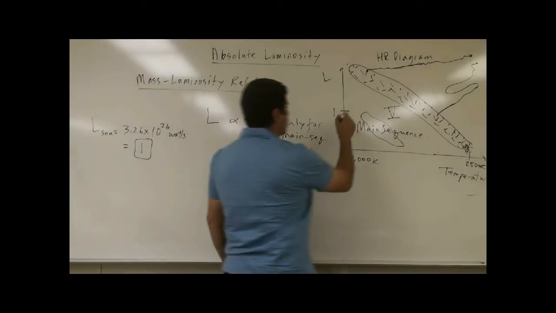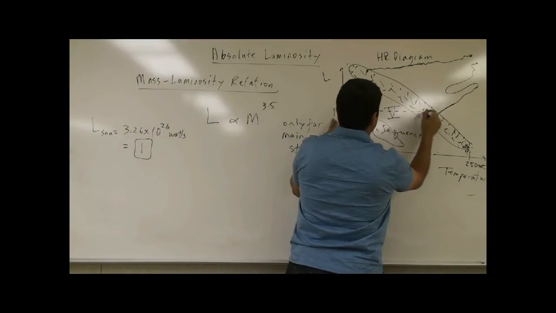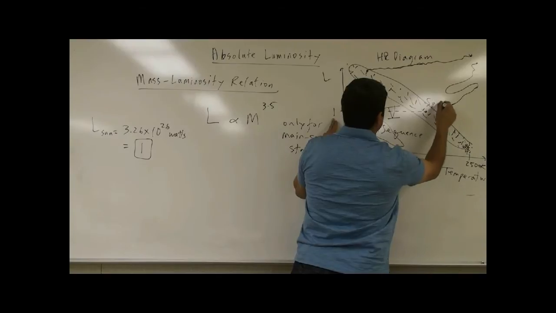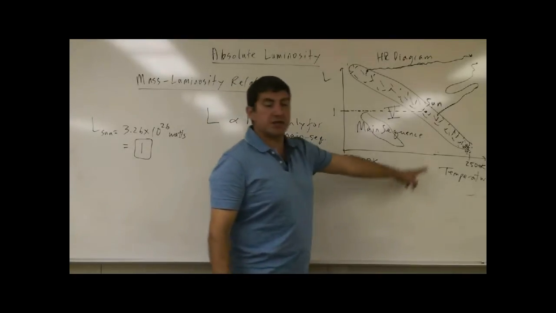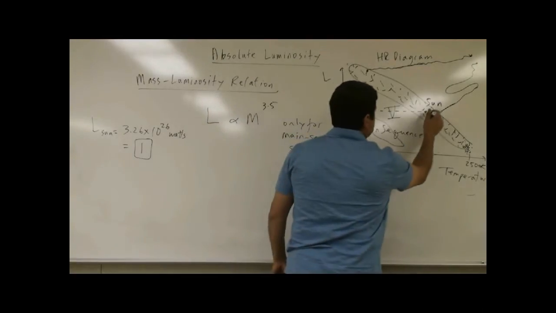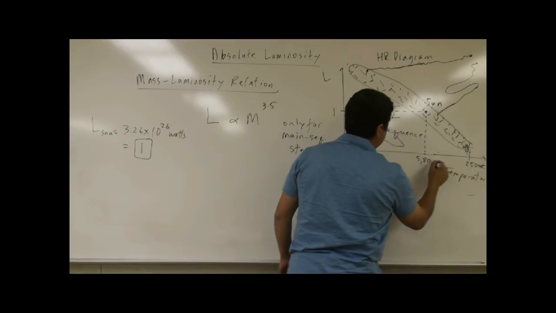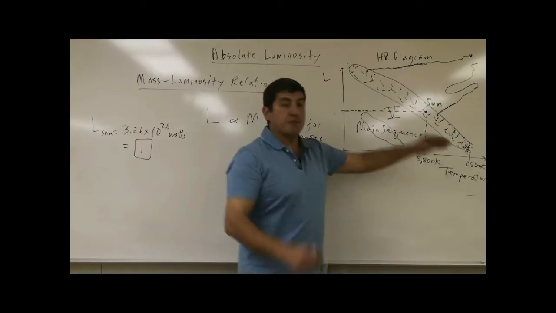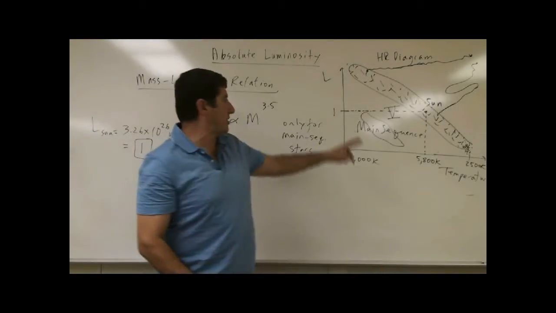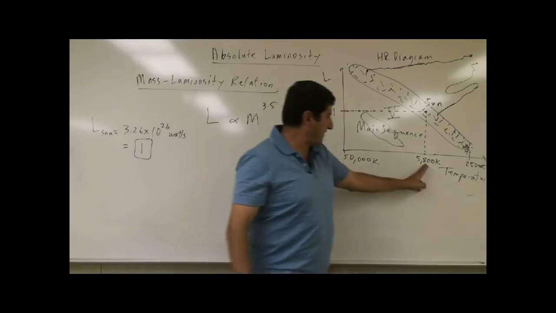And therefore, on the HR diagram, wherever the 1 goes over there, we put the sun. And then, what is the surface temperature of the sun? We go down, the surface temperature of the sun is 5,800 Kelvin. Okay? So the sun sits at the intersection of one solar luminosity and 5,800 Kelvin.